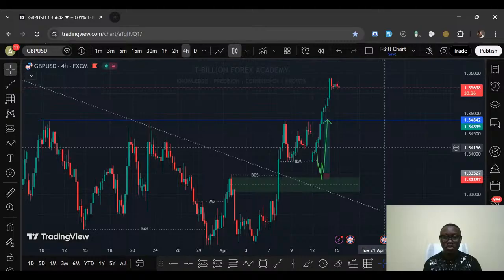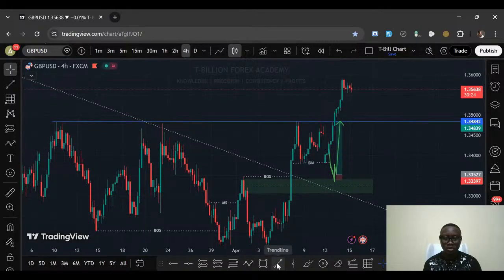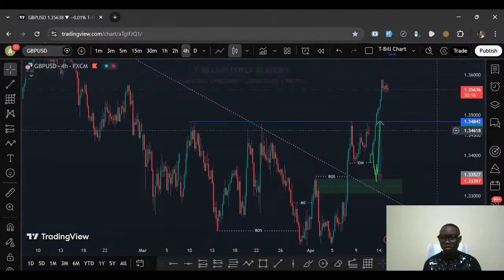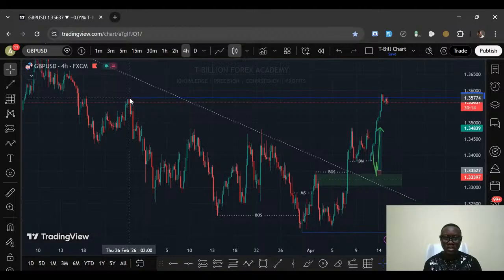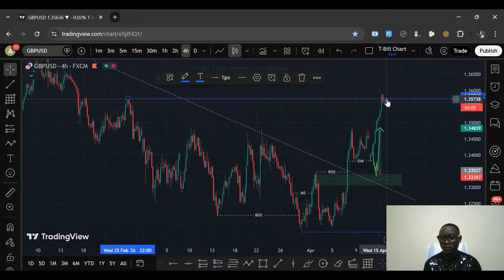Right here, we got a break of structure. So let me just take out this external liquidity since price has taken this out. Another liquidity we are looking at is this right here, where price has actually swept available liquidity right beyond this level, as you can see.